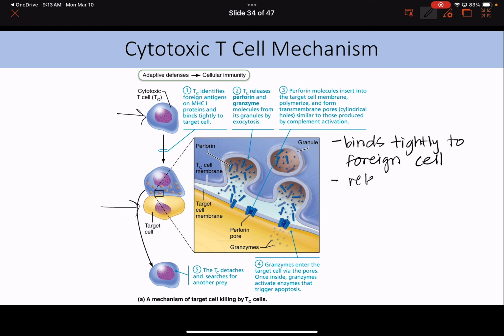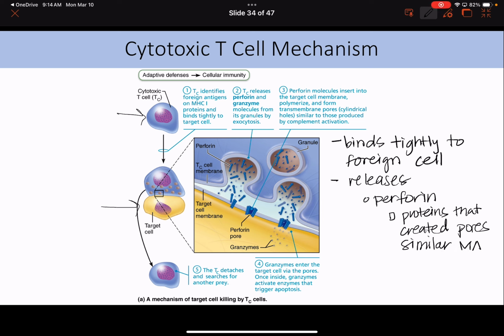And it releases two different chemicals. It releases perforin, and these are proteins that create pores that are similar to the membrane attack complex that we talked about earlier. They're just a different set of proteins, but they're still making a pore.